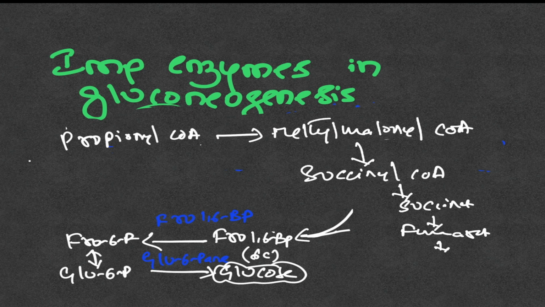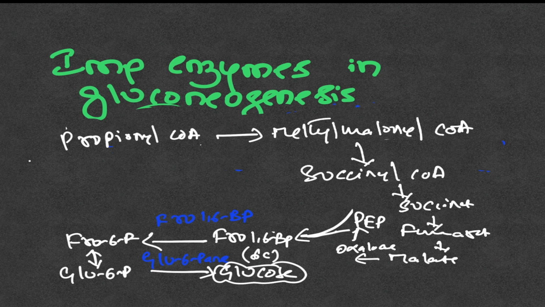Fumarate is converted to malate, and malate is converted to oxaloacetate. Oxaloacetate is converted to phosphoenol pyruvate, and phosphoenol pyruvate is basically reversed into glyceraldehyde 3-phosphate, and that is converted into fructose 1,6 bisphosphate, and all the way after that.